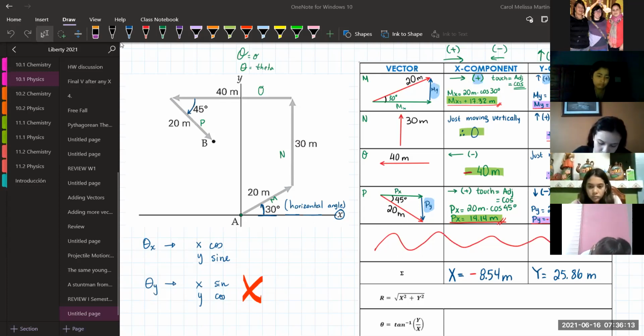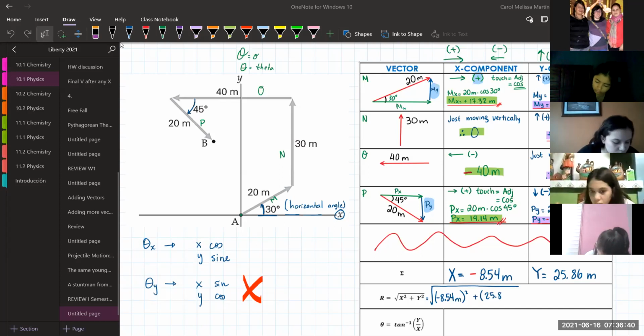So we say resultant is equal to the square root of negative 8.54 meters to the second power plus 25.86 meters to the second power.